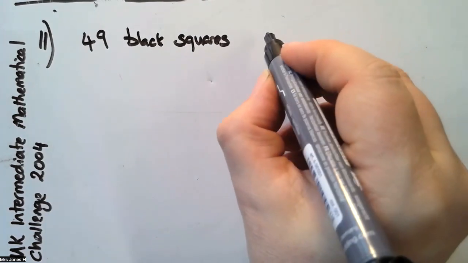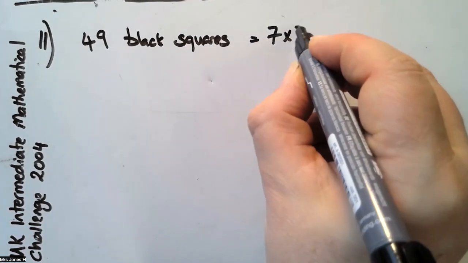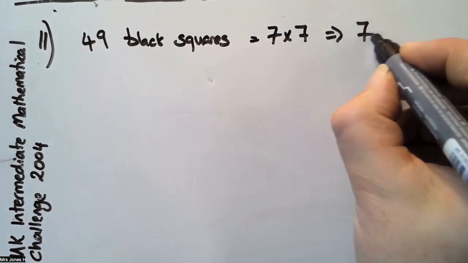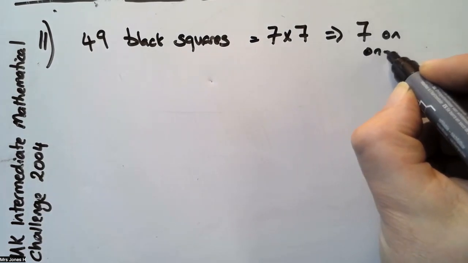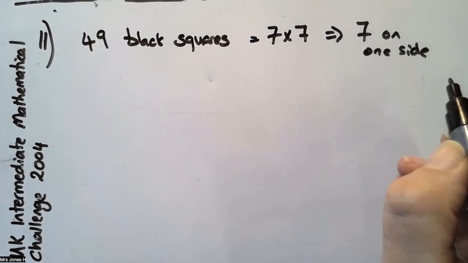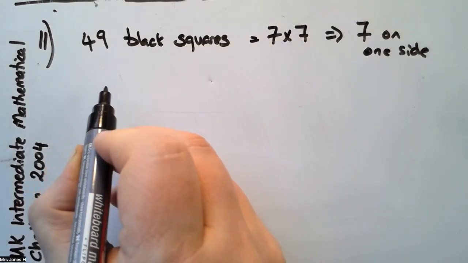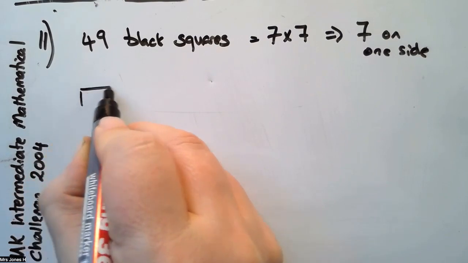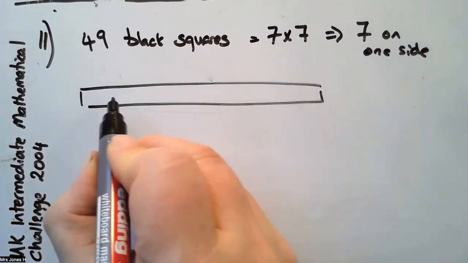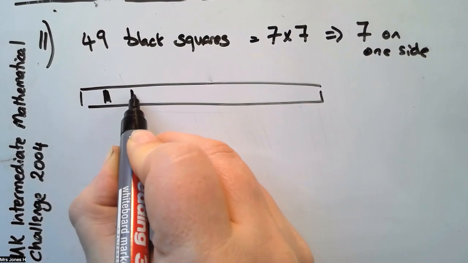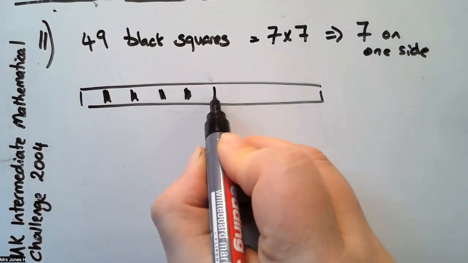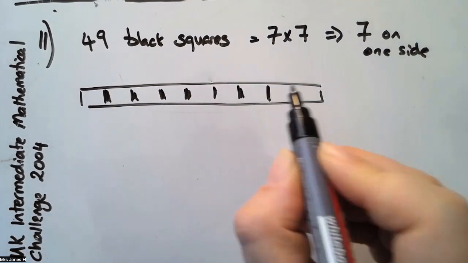then we would have 7 on one side. If we had 7 on one side, what you'd have is black 1, 2, 3, 4, 5, 6, 7.